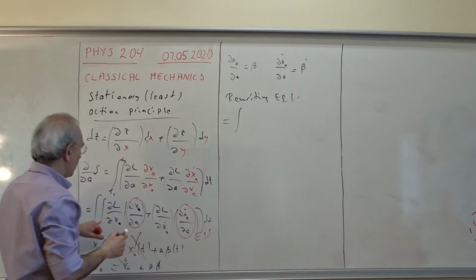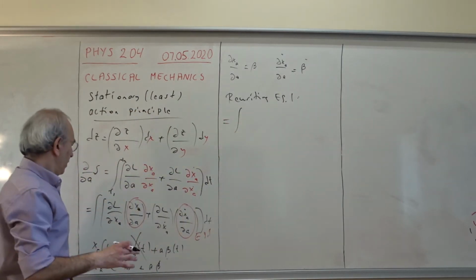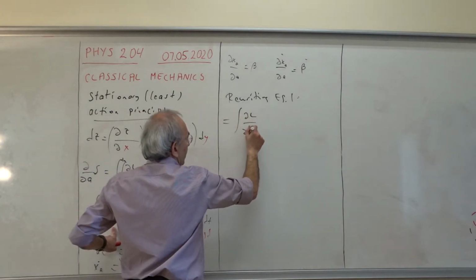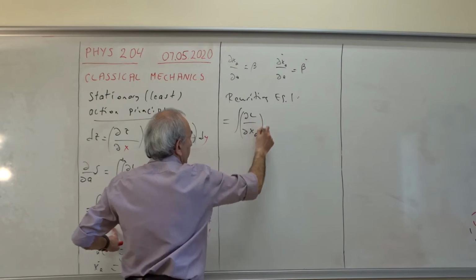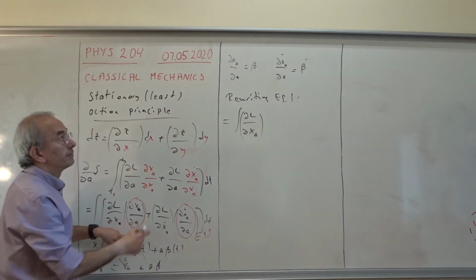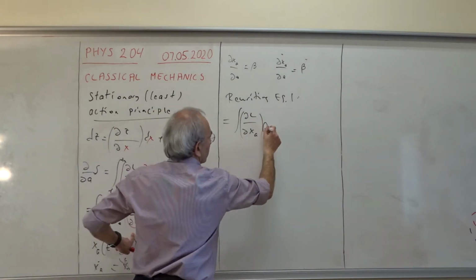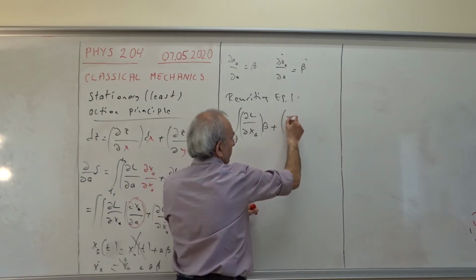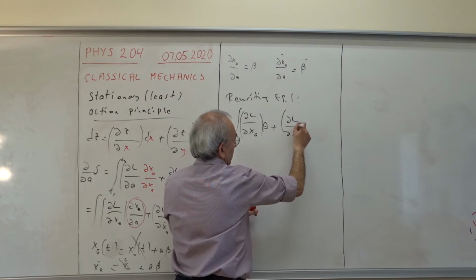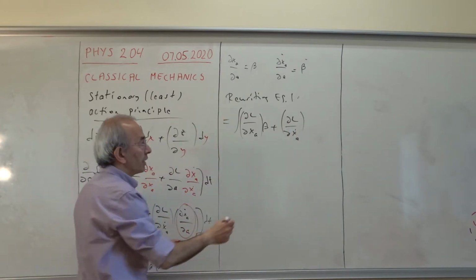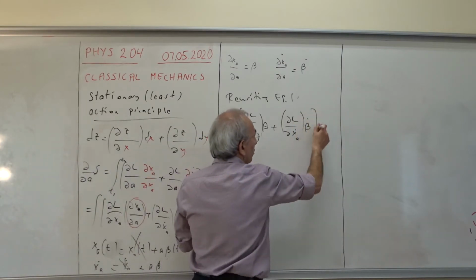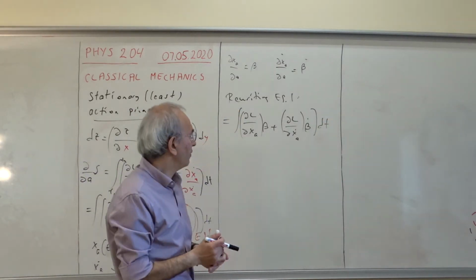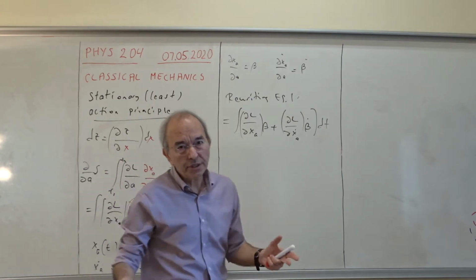On the right hand side we have, forget about the limits right now, del L by del xa multiplied by beta, plus del L by del xa dot multiplied by beta dot, all multiplied by dt. So we arrive at such an integration.